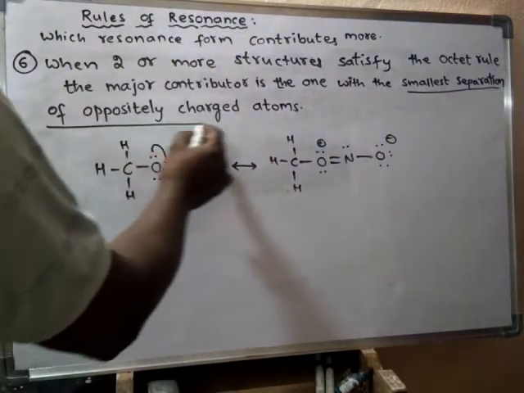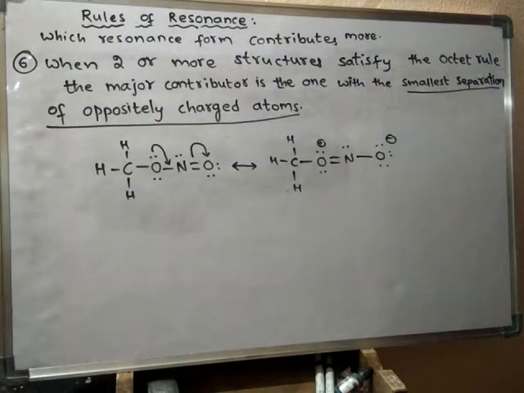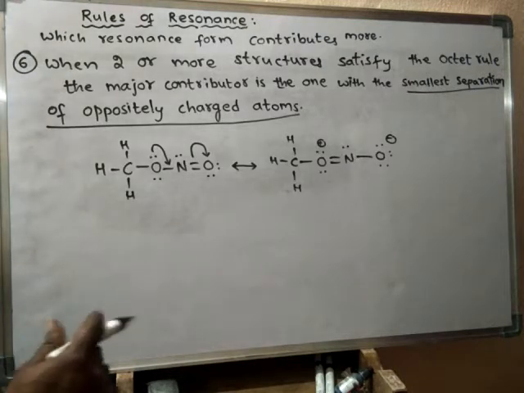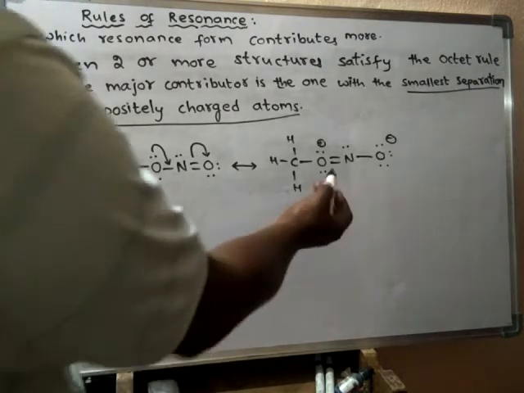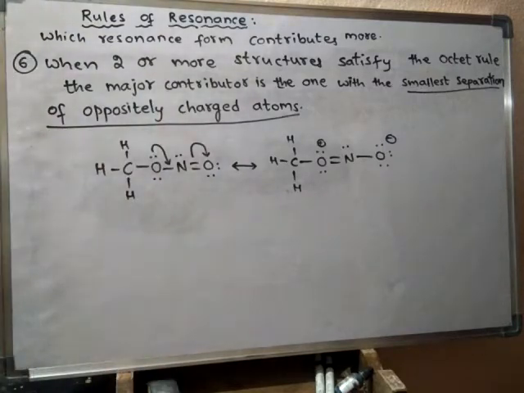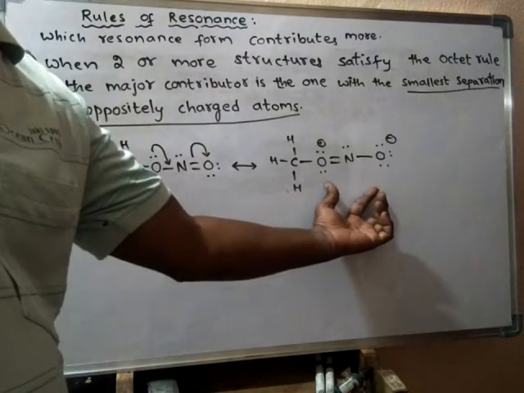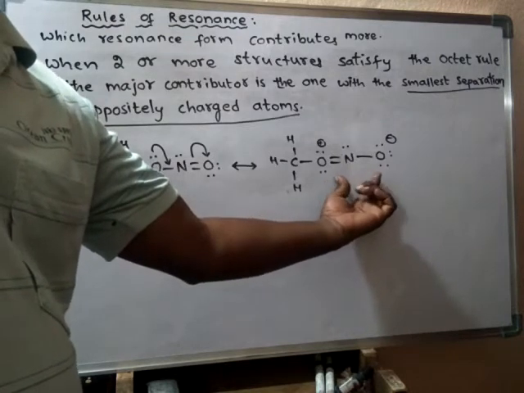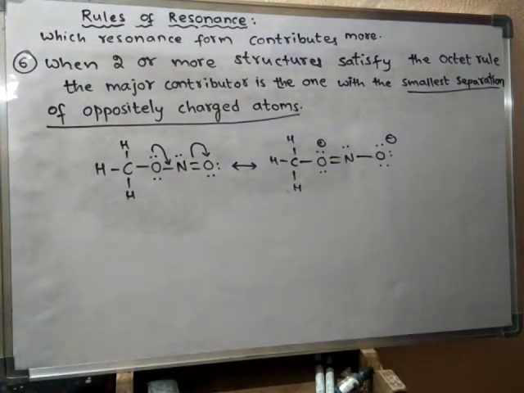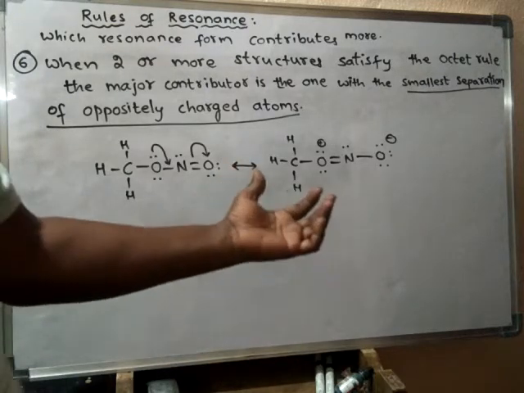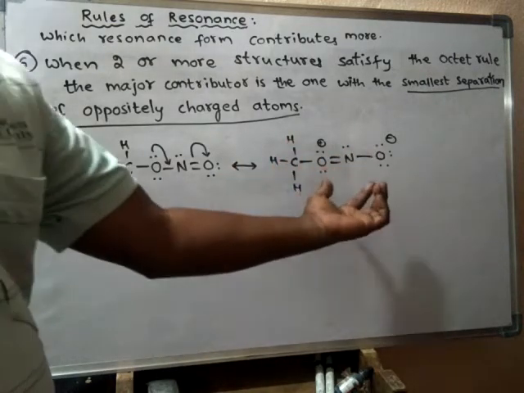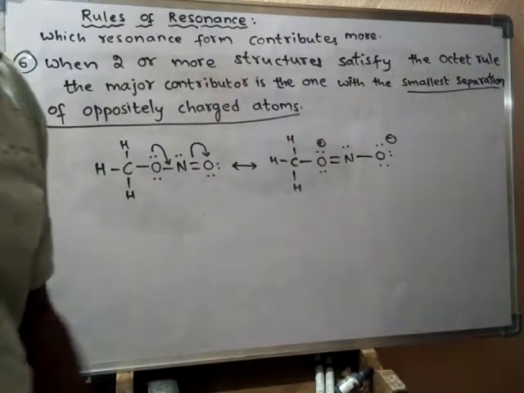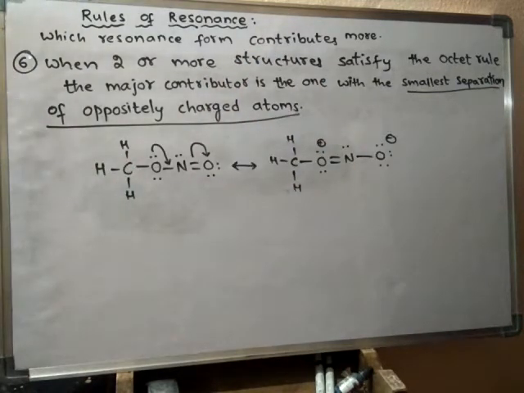That means if there are oppositely charged atoms in a molecule, the distance between them should be very small, and then the molecule is more stable.